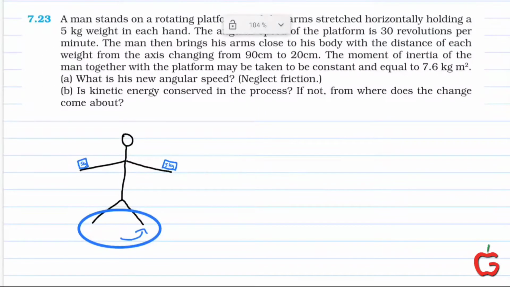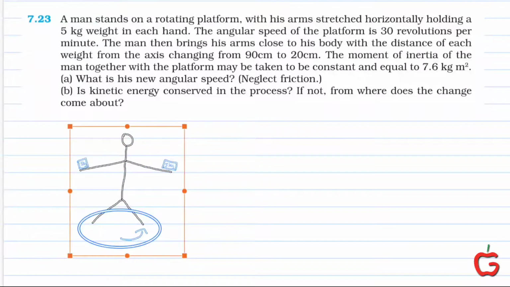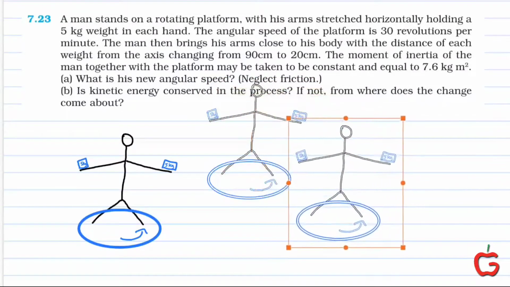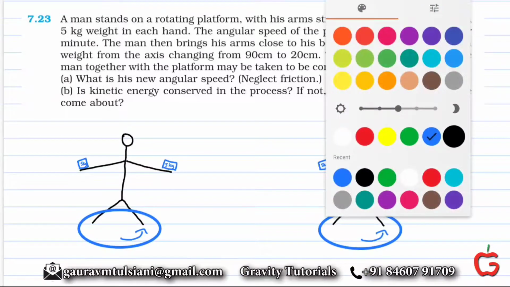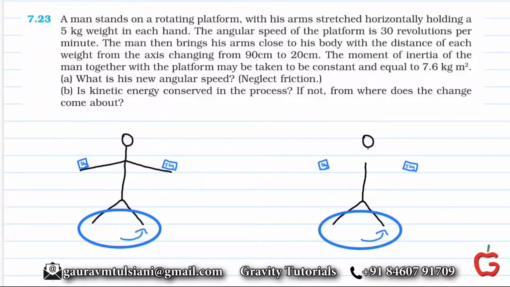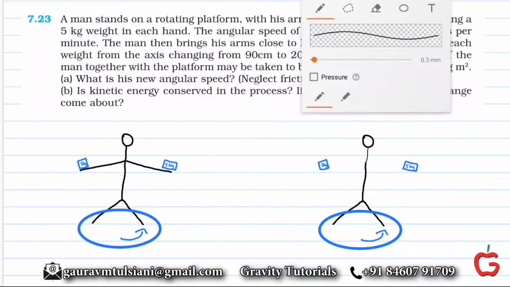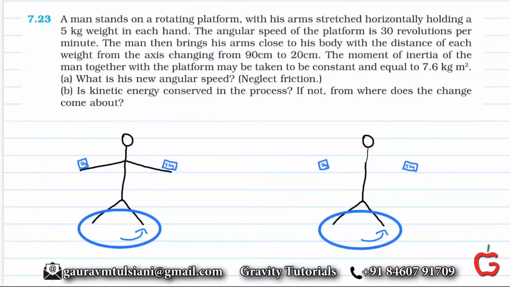Then, while the rotation is still going on, the man folds his hands, maybe like this. On folding his hands, the weights will get closer to the man.